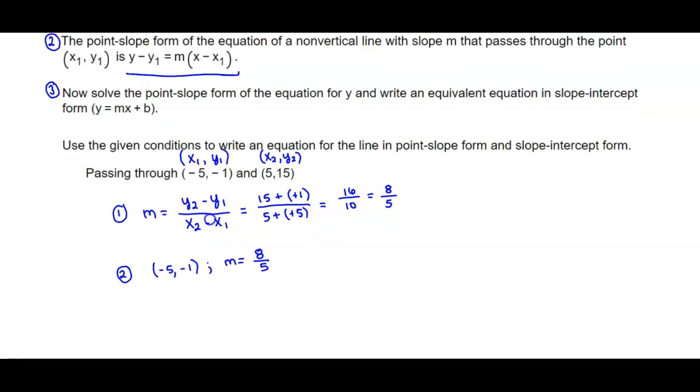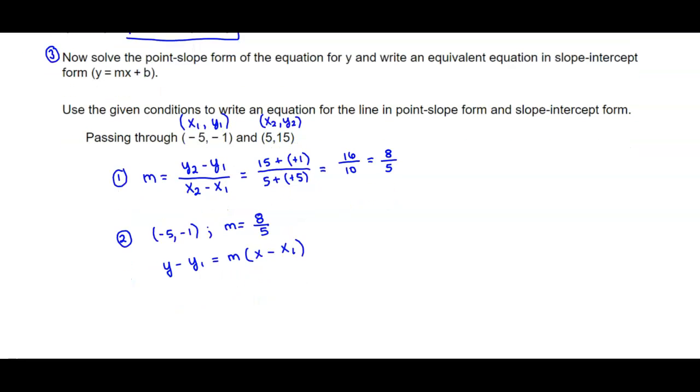Now let's write out the point-slope form: y minus y1 is equal to the slope m times x minus x1. Now we're going to substitute our values for y1, x1, and m. So it's going to be y minus y1, which is -1. The slope m is equal to 8 over 5 times x minus x1, which is -5, so we're putting that in parentheses.